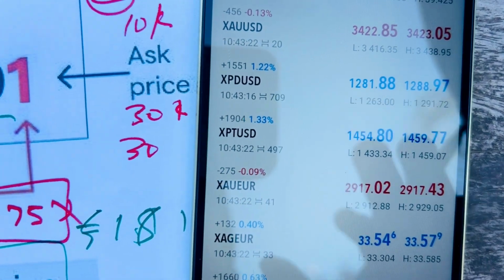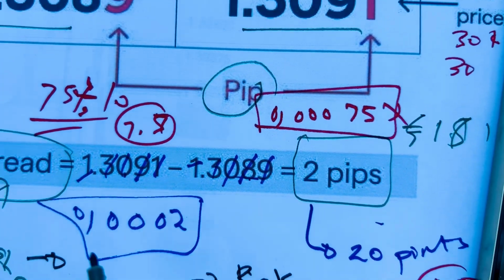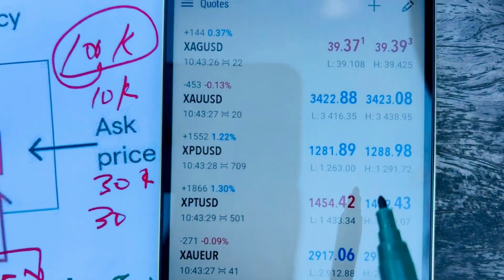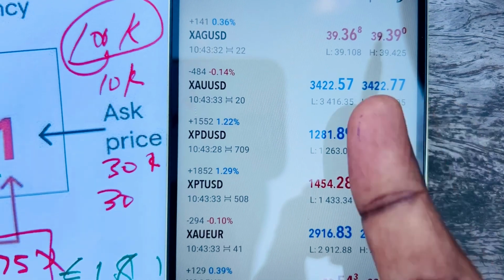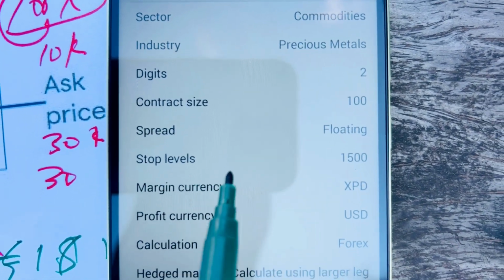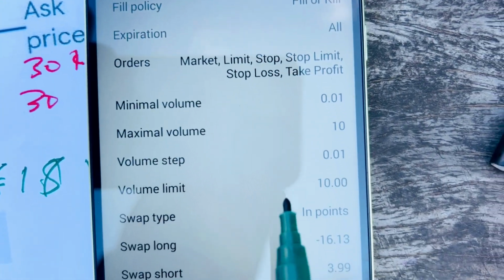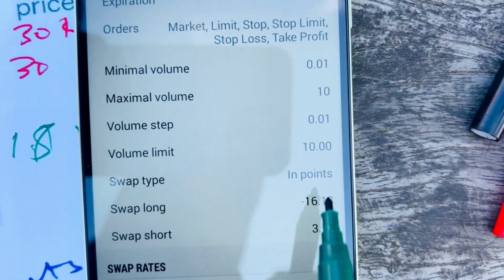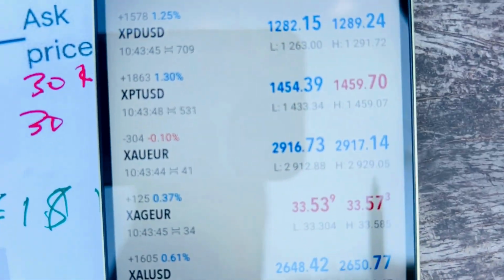So I'll need to understand what spread the broker is charging, and also when I place a buy limit or sell limit, I'll also need to understand the sell stop, the stop levels. It's in points. If I'm holding a trade, I also need to understand the number of points that are actually being charged, or if I go with a short position, how much money do I make?